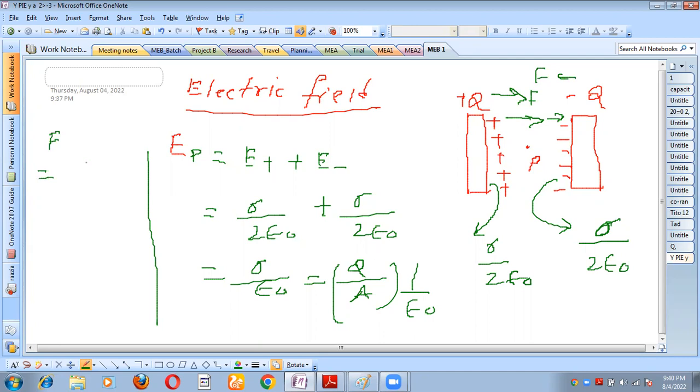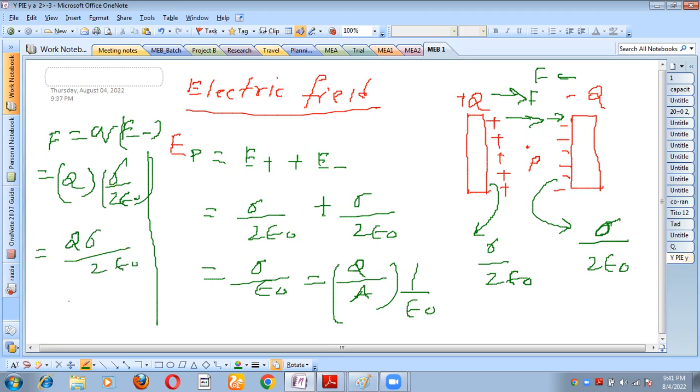a plate cannot exert force due to its own field. So we have to take only force is equal to charge into electric field due to one plate only. Like if we are finding the force on the positive plate, we have to take the electric field of the negative plate only. So this will be Q into the electric field of the negative plate, sigma by 2 epsilon naught. So the force will be Q into sigma by 2 epsilon naught.